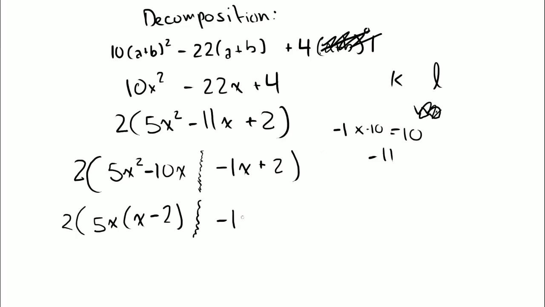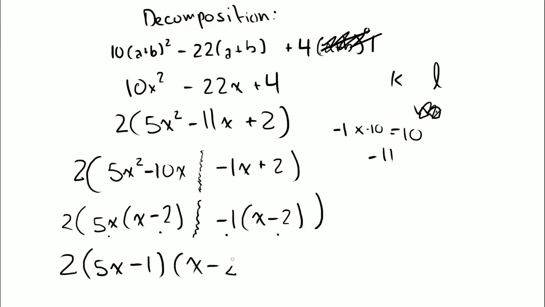I'm just going to pull out a negative 1, because then that's going to leave me with the same thing, and these have to match when you're doing decomposition. Now I'm sure you're quite confident with decomposition, so this is kind of just an exercise for you. So 2, and then now we know this can combine with this. This is the same, so it's going to be 5x minus 1 times x minus 2.